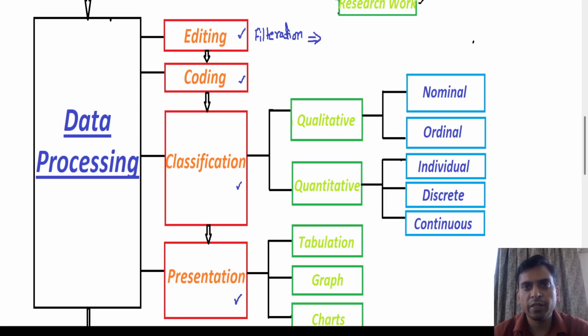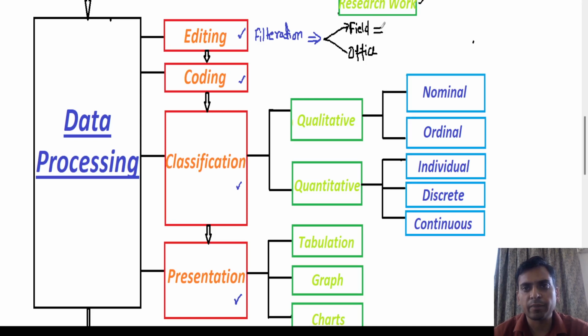First, filtration is done on the spot, in the field where we are collecting data, and second is from the office. So there are two methods of data editing: first is field editing and second is office editing.